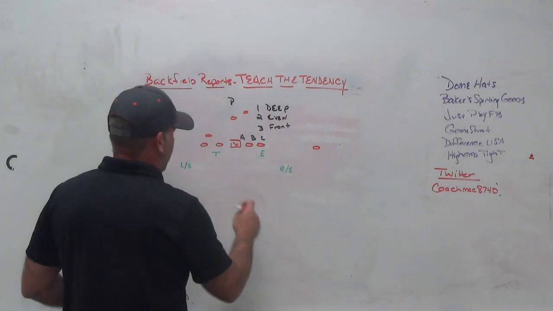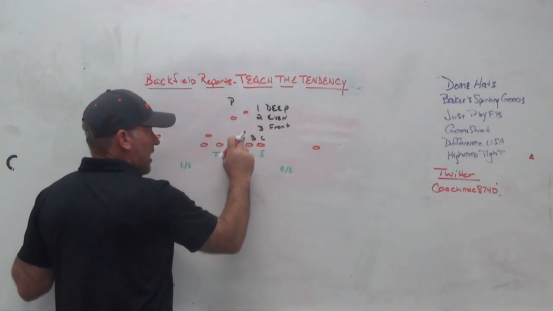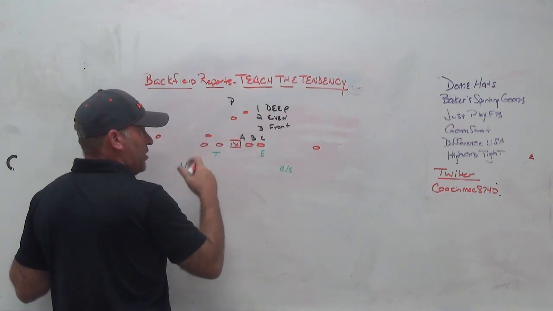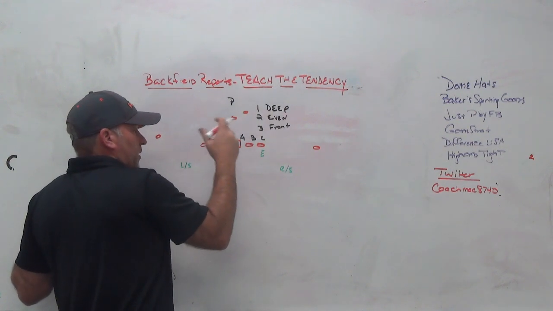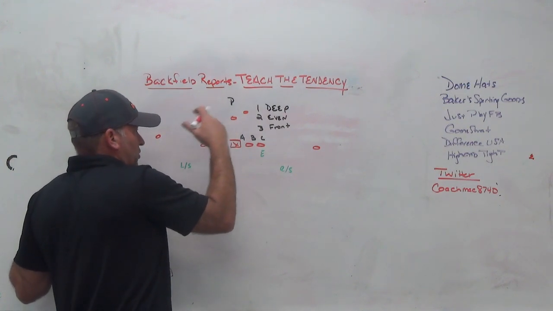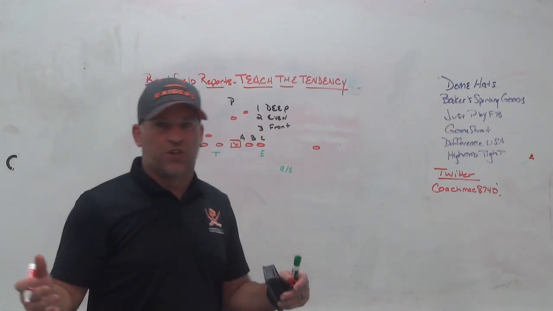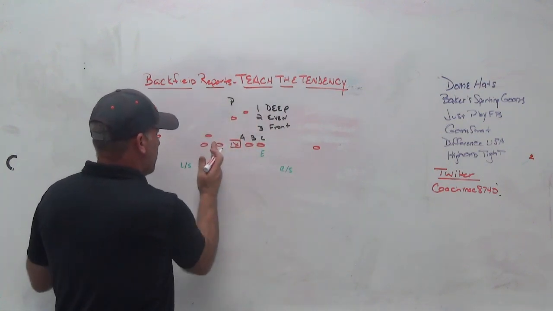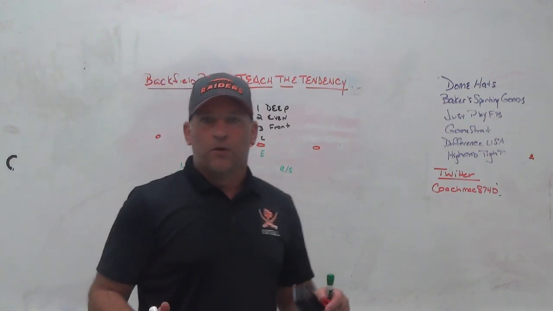If I'm the 3 technique, if he's deep and all the runs are power counter or things like that, I'm not worried about getting reached, or the guard reaching me, or the tackle overtaking me depending on what the scheme is. You may want to thicken up your 3 technique a little bit, okay?